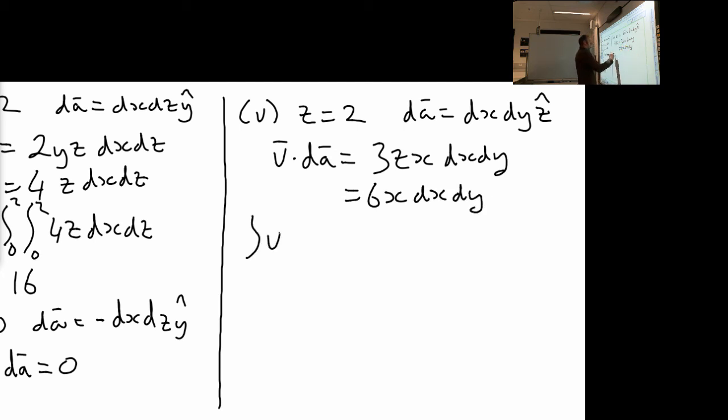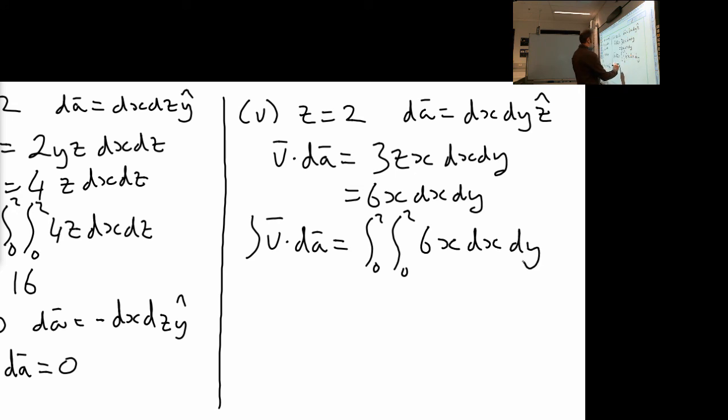Now if we integrate this between 0 and 2, we'll do it with respect to x first, so we get 6x squared over 2, so we have 3x squared, which gives us 12, between 0 and 2, so now we've got 12 dy. Integrating with respect to y, we get 12y, so the answer we get is 24.